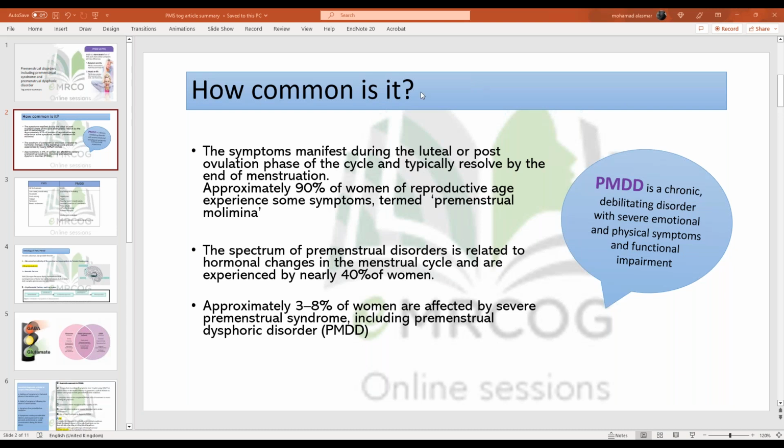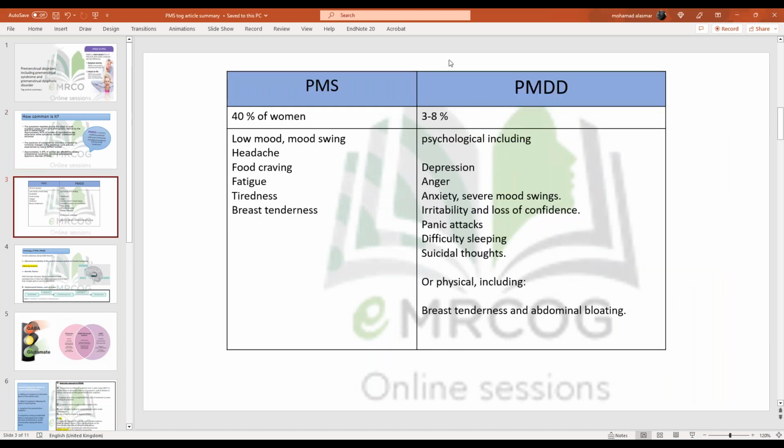So how can I differentiate? I have made this table, guys, to make it easy to differentiate between them. You should know that common symptoms of PMS are low mood, mood swings, headache, food craving, fatigue, tiredness, and breast tenderness.